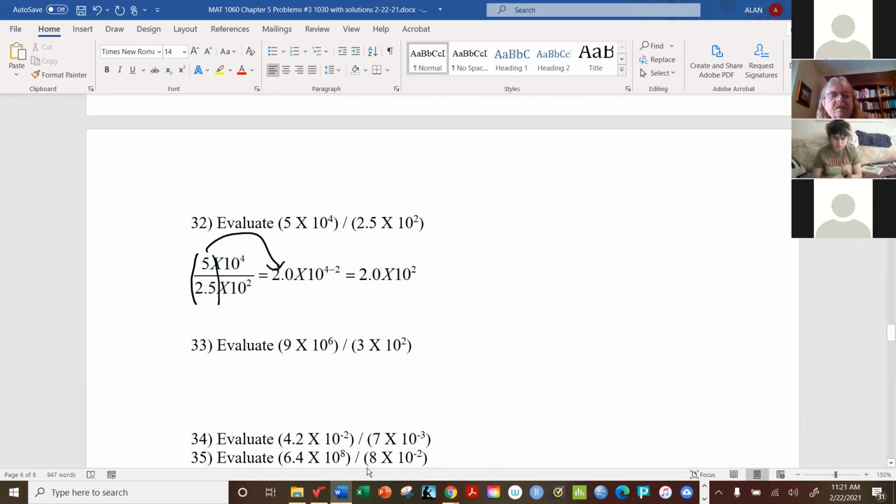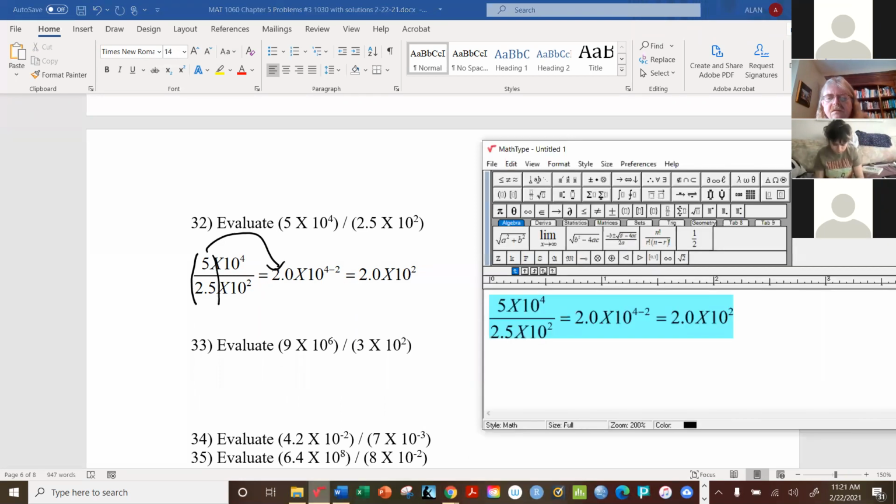So I'll do something similar right here. So this is now 9 times 10 to the 6th over 3 times 10 squared. So the ratio of 9 to 3 is clearly 3.